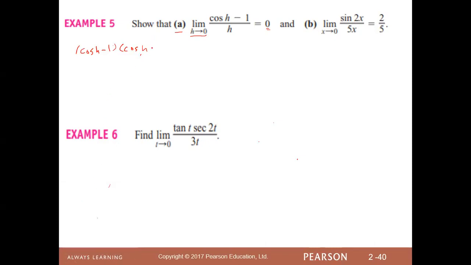So this is cosine of x plus what? Plus 1, right? And then underneath we will have what? h multiplied by what? Cosine of h plus 1, right? Everybody following?